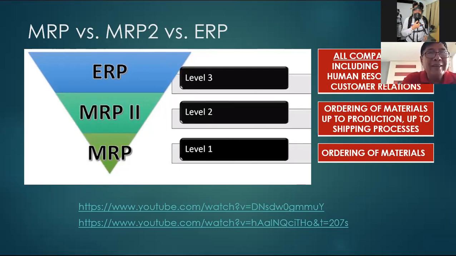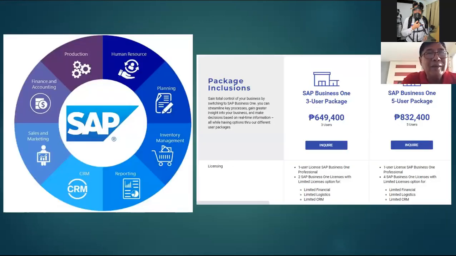Nandiyan yung human resource, administrative. Lumalaki na yung kwan. And all these departments, at least if there is some transaction, they will know at once, di ba? So that's the beauty of digital technology.